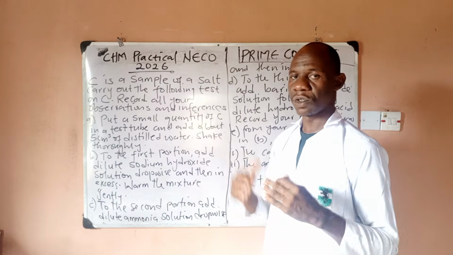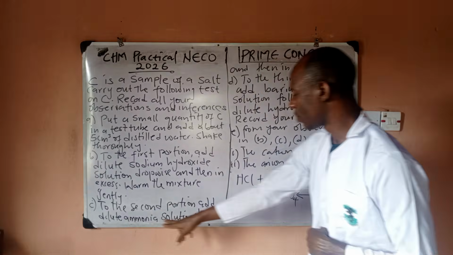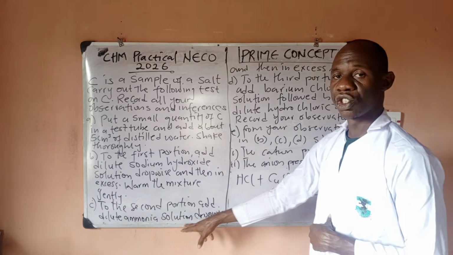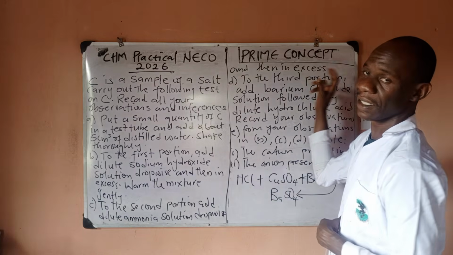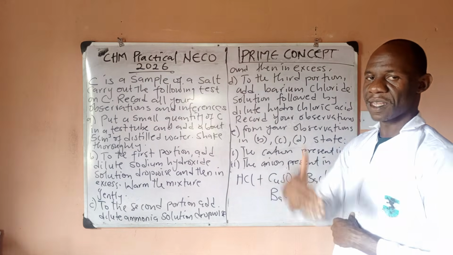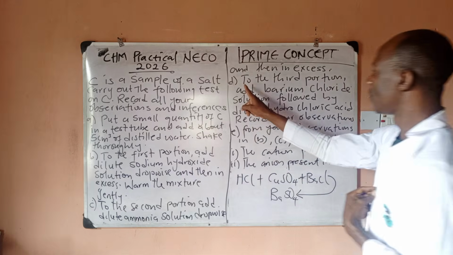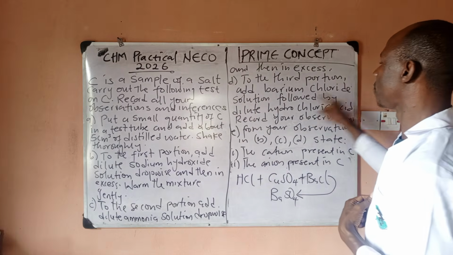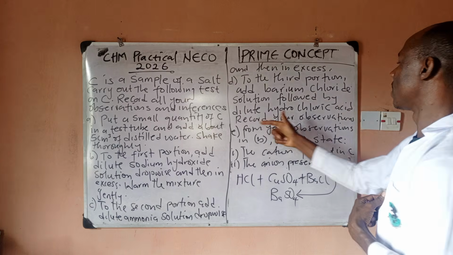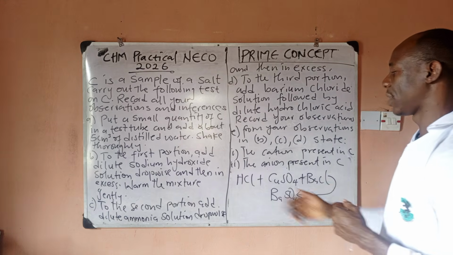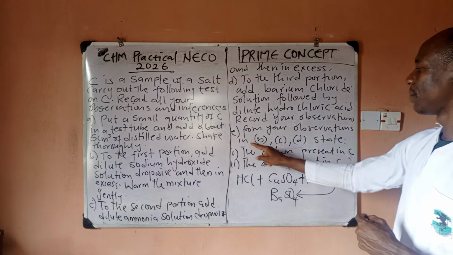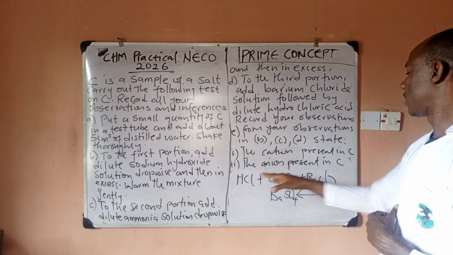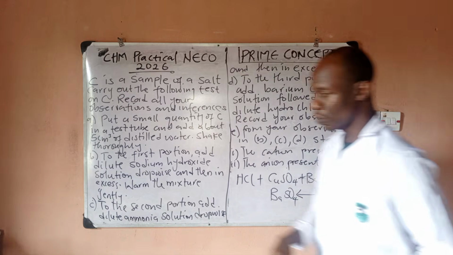To the second portion, add dilute ammonia solution dropwise and then in excess. Record the observation and your inference. To the third portion, add barium chloride solution followed by dilute hydrochloric acid, and record the observations and inference. From your observations in B, C, and D, state the cation present and state the anion present. We're going to do that.